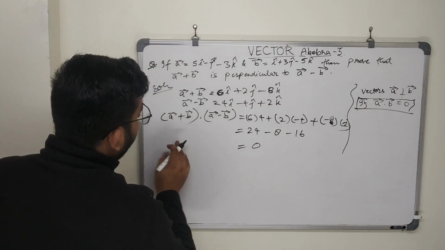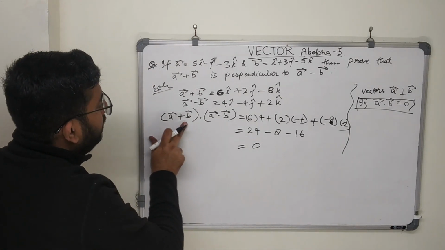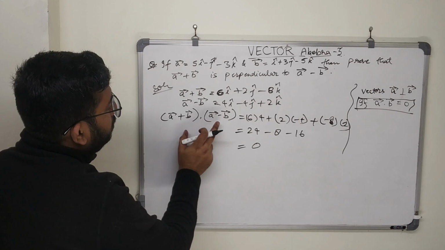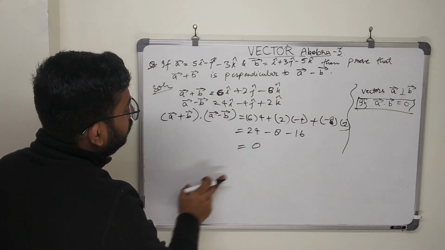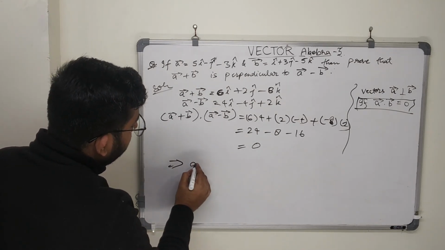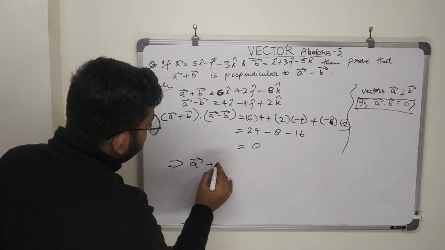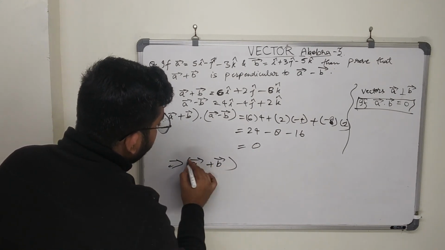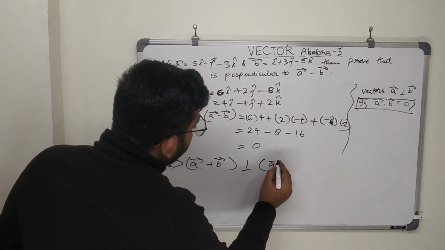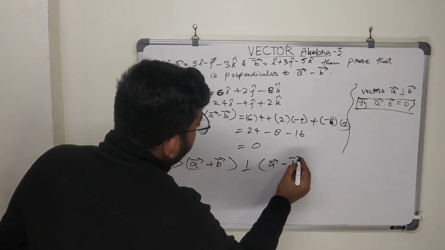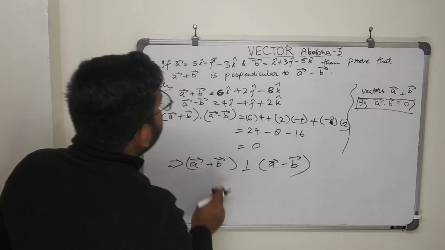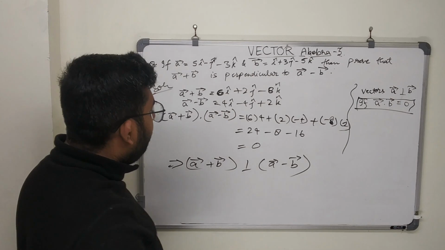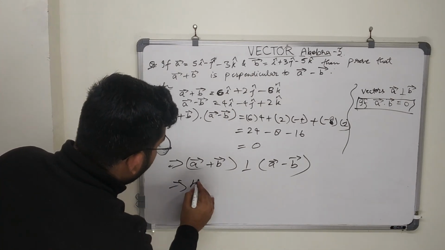So we have proved that a vector plus b vector dot a vector minus b vector is equal to 0. So we can say that a vector plus b vector is perpendicular to a vector minus b vector, which is asked in the question. Hence proved.